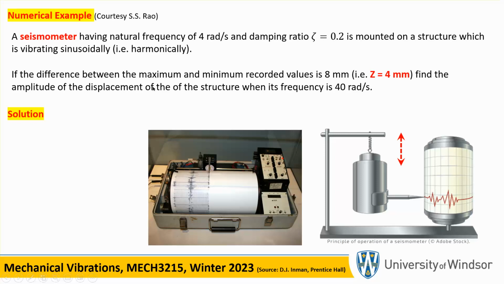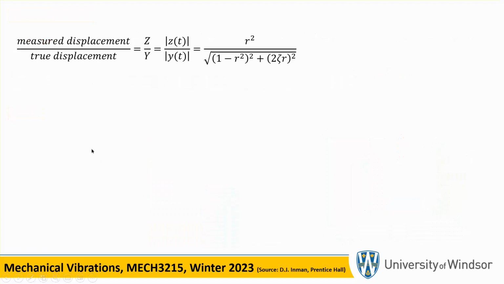Find the amplitude of displacement of the structure when its frequency is 40 rad per second. So when the ground is shaking at 40 rad per second, find out what the amplitude of displacement of the base is.